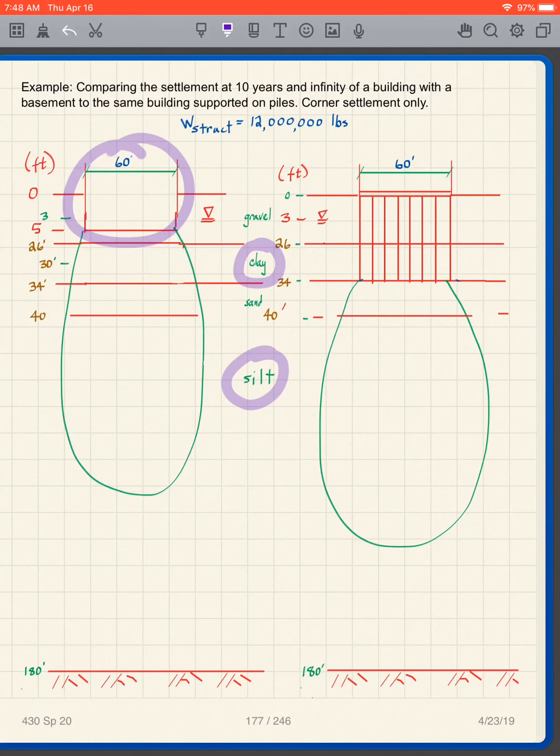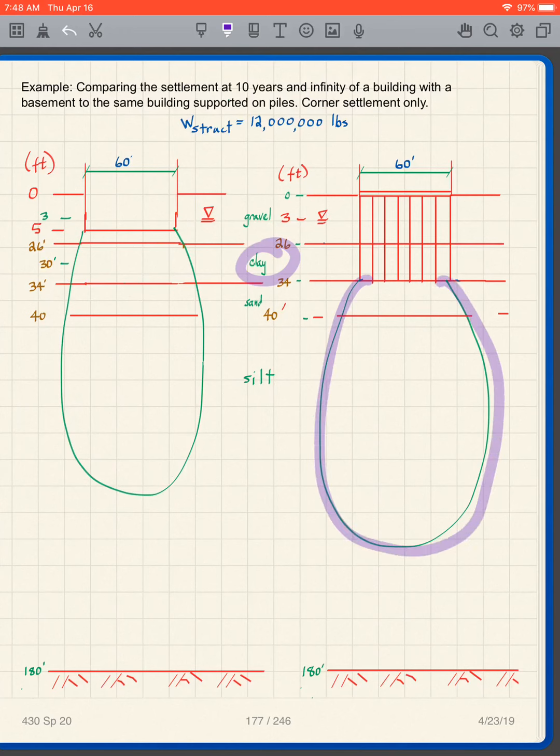Whereas the purpose of the piles is to avoid this clay layer completely by making the pressure bulb down here, and it only has the silt to be the source for settlement.